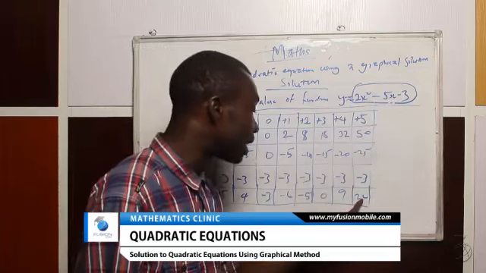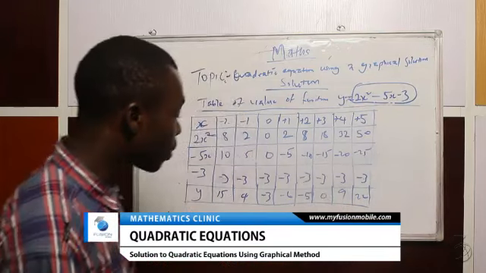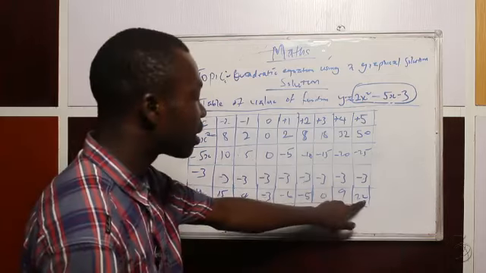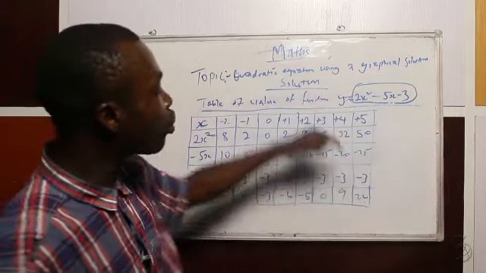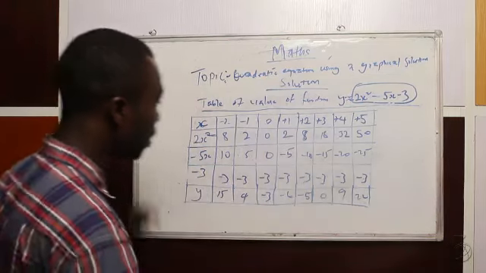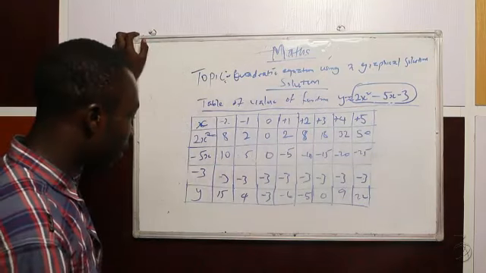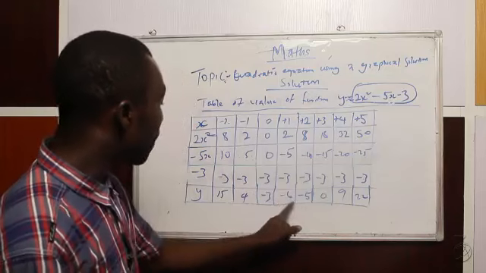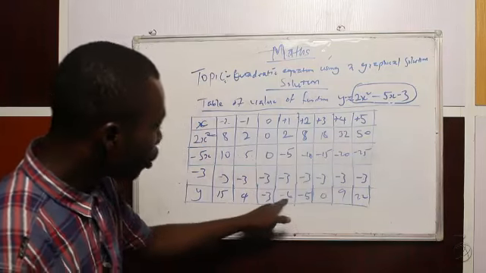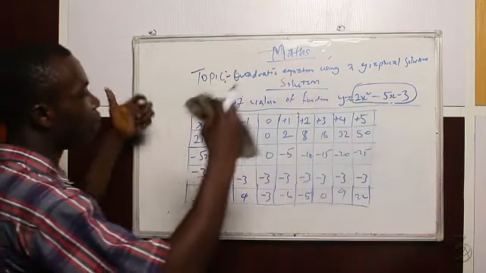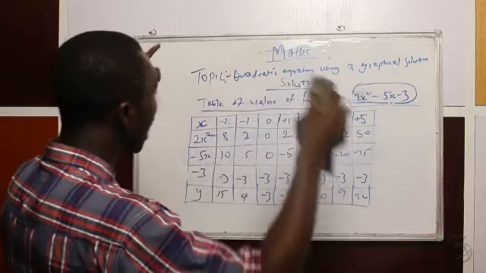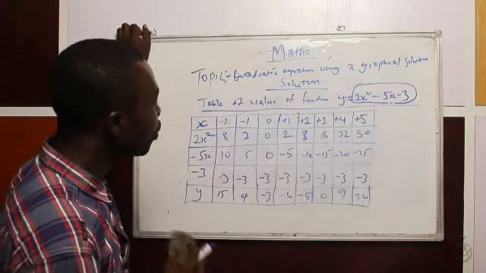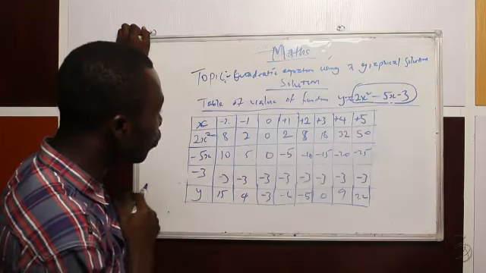22 is the highest on the positive y-axis. So in choosing our scale, it's very important for us to know the line of best fit in our graph. Also, in the negative aspect, we have minus 6 here. So when we want to draw our graph, it must be well calibrated so as to earn good marks.